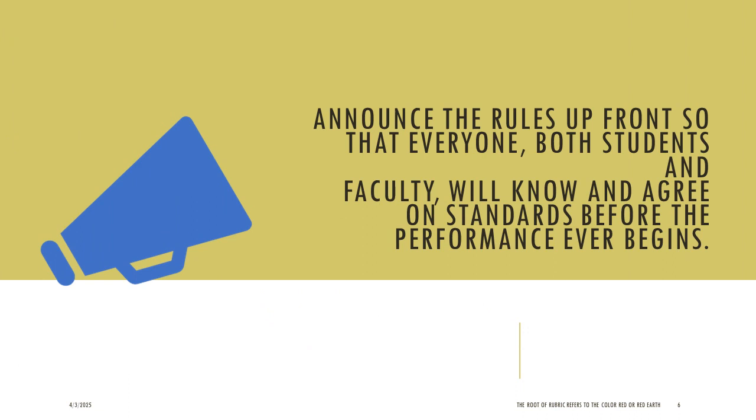What is very important about rubrics is that we have to announce the rules up front, so that everyone, both the students and the faculty, will know and agree on the standards before the performance ever begins. We will not do the performance on the spot. This means that at the beginning of the year, we have to have an orientation for the students.